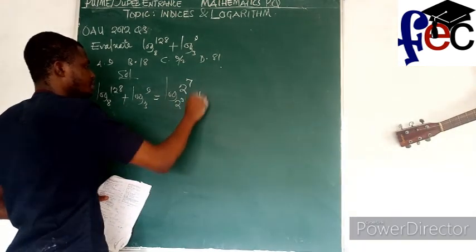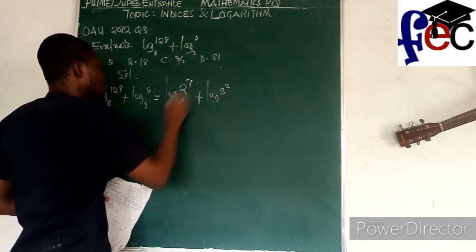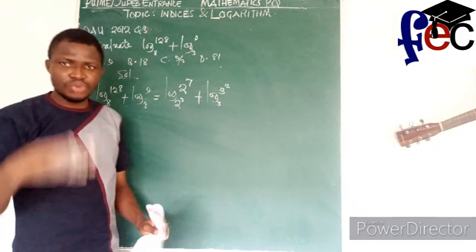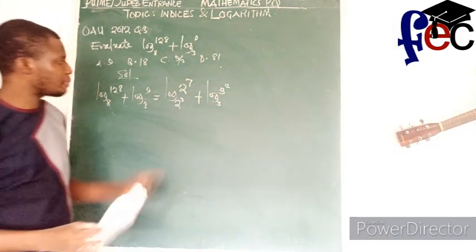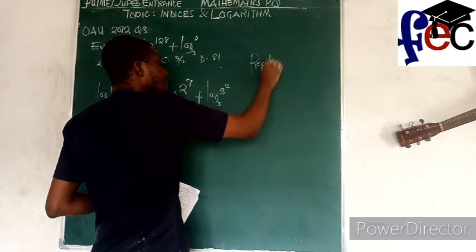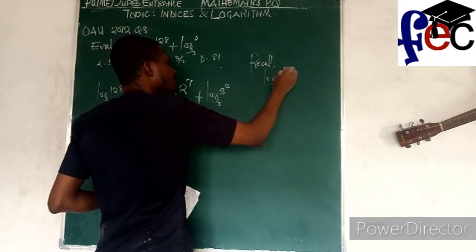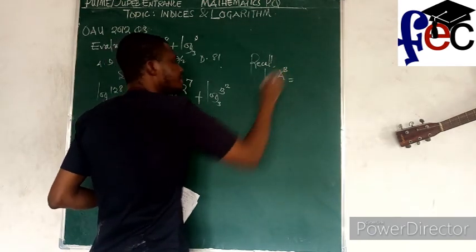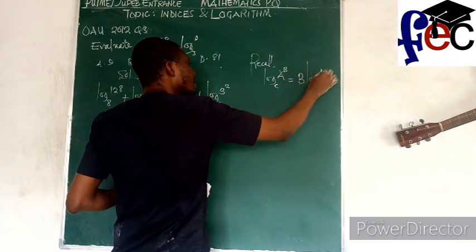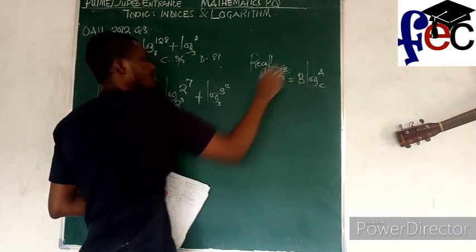Now plus, I can write this as log, this is same thing as 3 raised to power 2, base 3. So now, which of the laws of logarithm will be applicable here? Now recall here that log a raised to power b base c, this is same thing as what? b log a base c. This index here can become a coefficient.